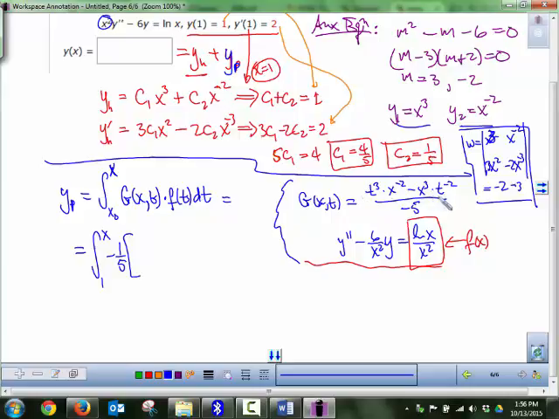The top part of Green's theorem is t cubed x to the negative 2 minus x cubed t to the negative 2 times f. Now the f, remember, you have to write as a function of t. So f as a function of t is going to be ln t divided by t squared dt.